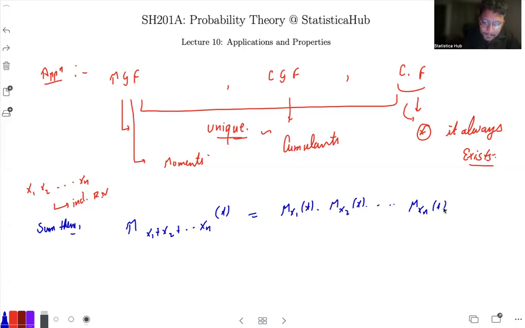Remember this property. Sometimes the MGF plays a vital role in understanding the central limit theorem. Whenever you have to prove the central limit theorem, many times you introduce that this particular summation follows the normal distribution.